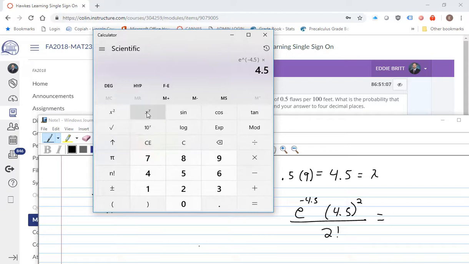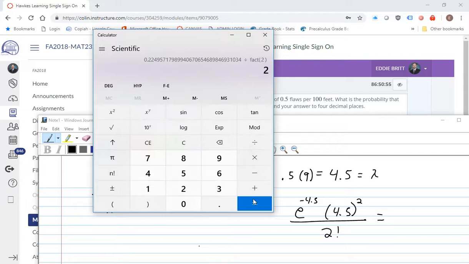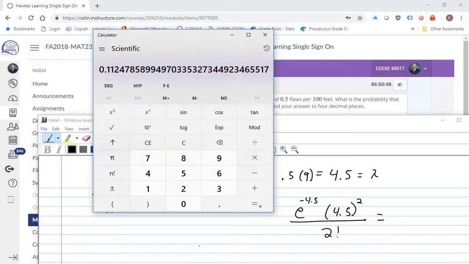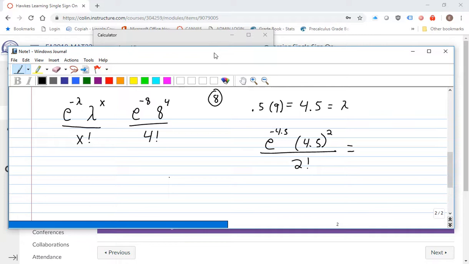So I'm going to have to raise it, that's the x to the y button, squared, equals, and then I have to divide by 2 factorial, equals. Alright, so if I round this to 4 decimal places, that's going to be 0.1125. So let's put that in.